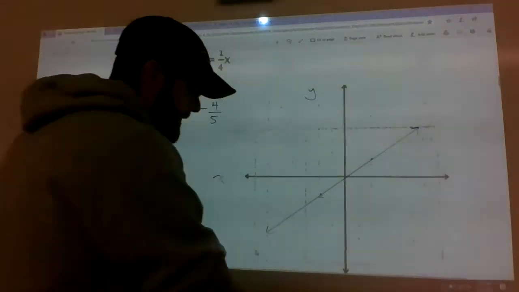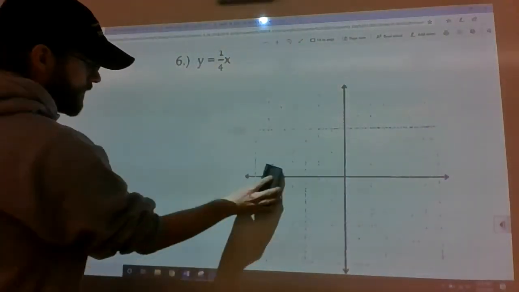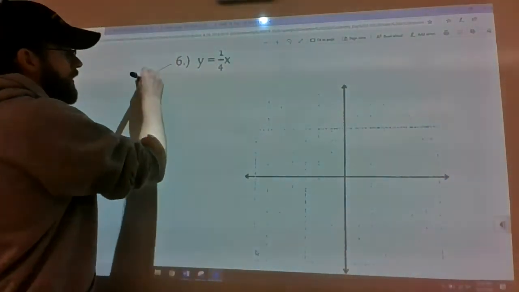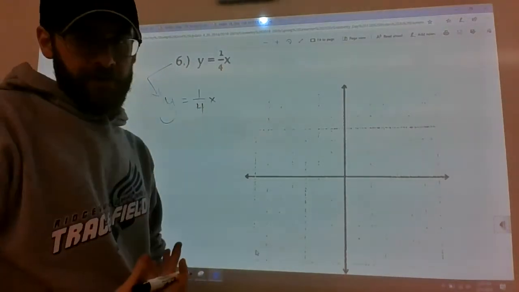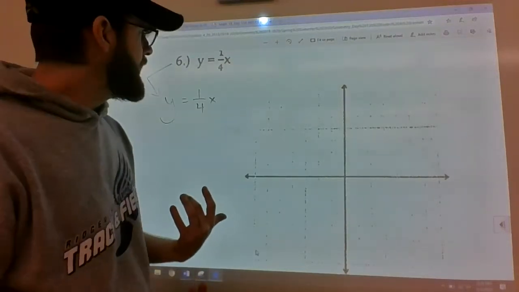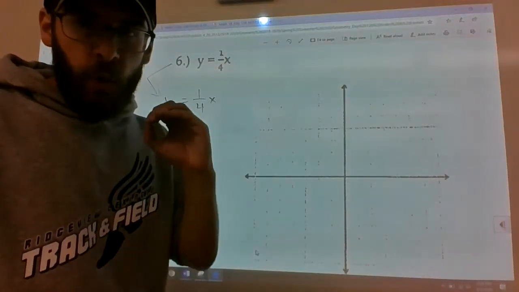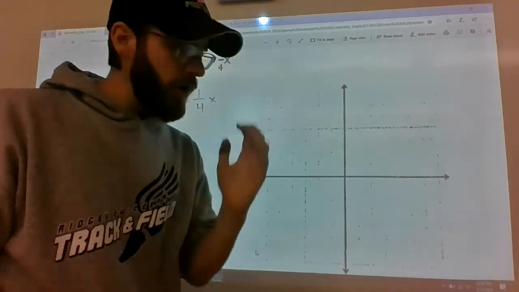This one looks a little different. Notice there's no b value. If there's no b value, you need to assume that, hey, the mathematical equivalent to nothing that's showing up is +0.